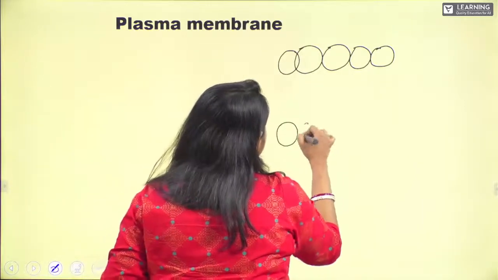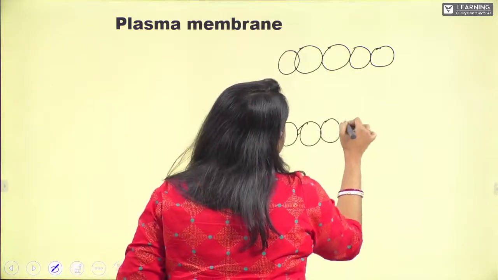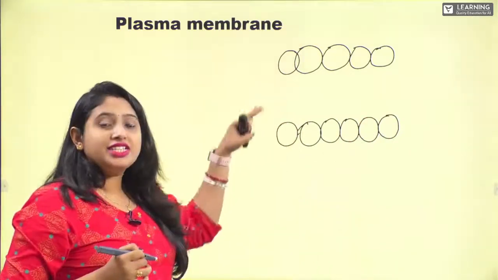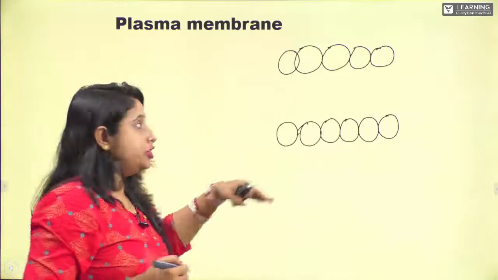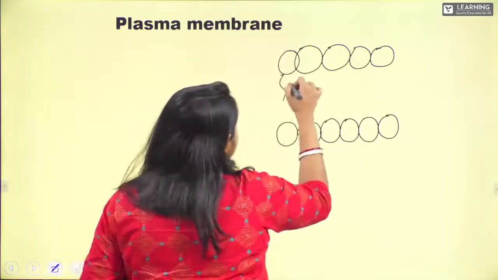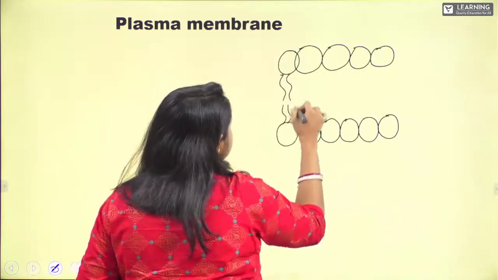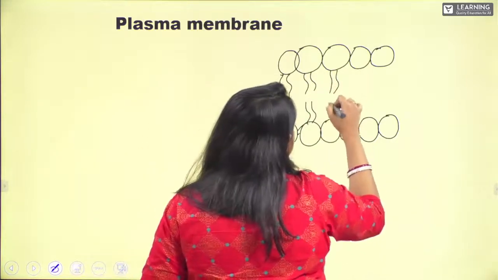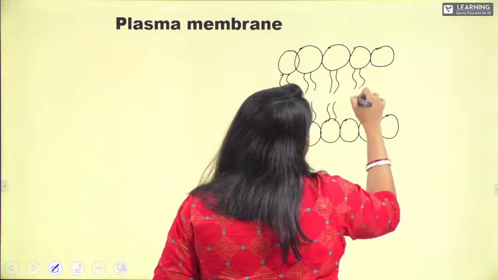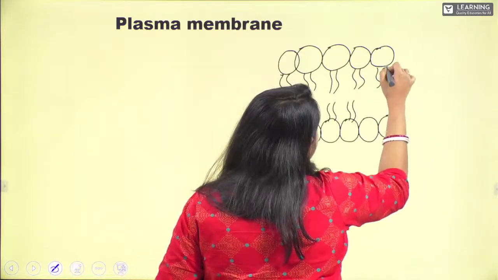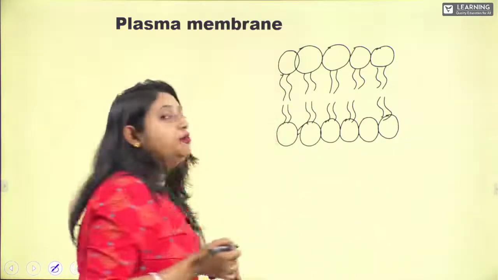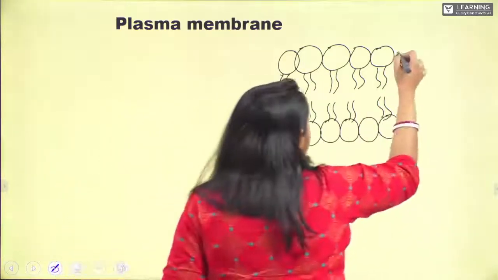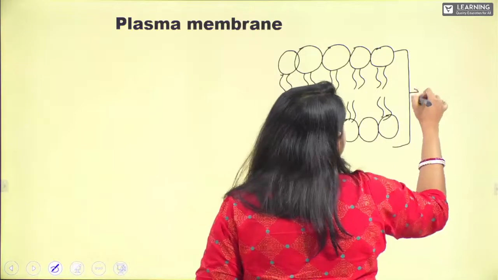These are the phosphate groups, a chain of phosphate groups present on the external and internal surface. The phosphate and lipid together are known as phospholipid. So the plasma membrane consists of a bilayer of phospholipids.